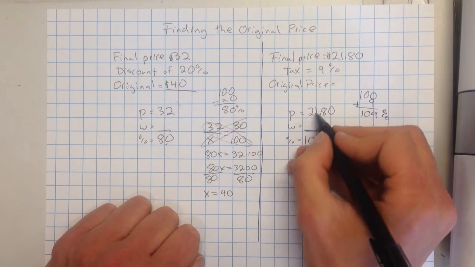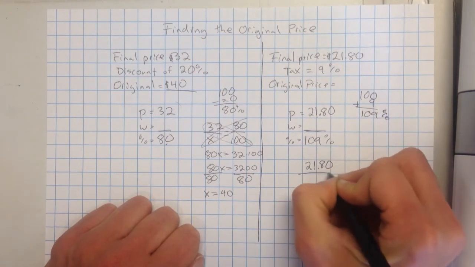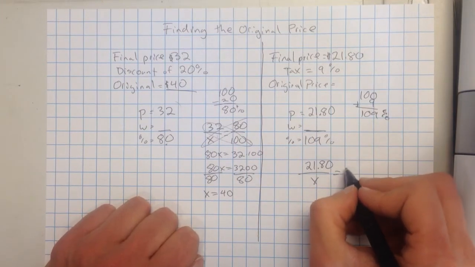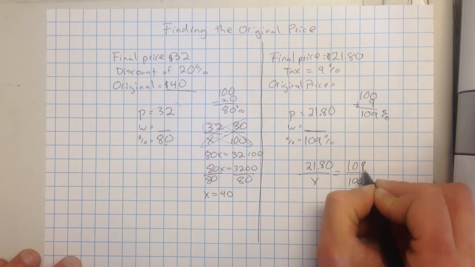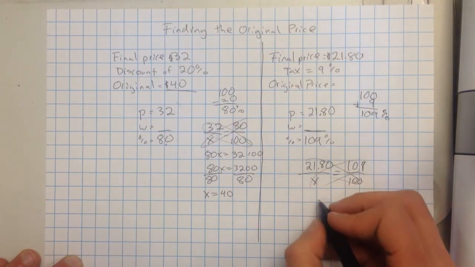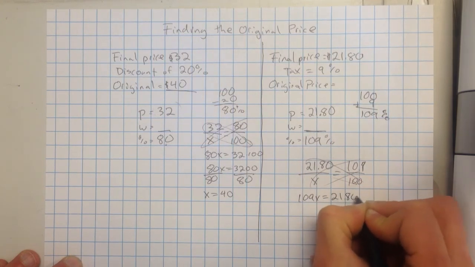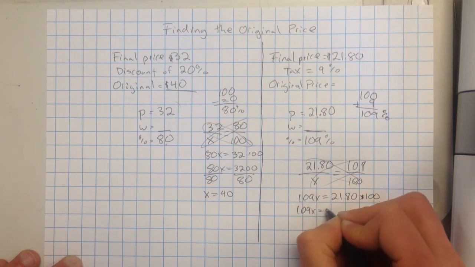So I will put it in my part over whole equals percent over 100. I'm using x for my whole value because I don't know what my original price is yet. 109 over 100. I'll cross multiply to solve this. 109x equals 2180 times 100, or 109x equals 2180.